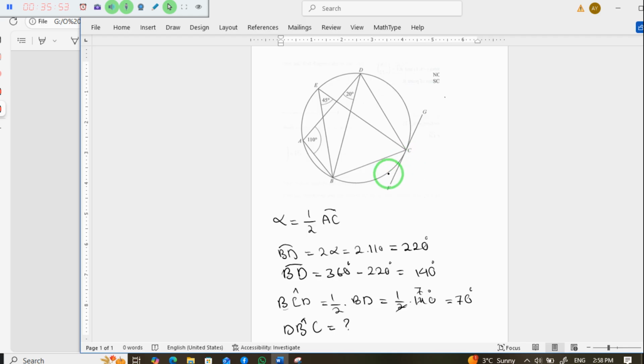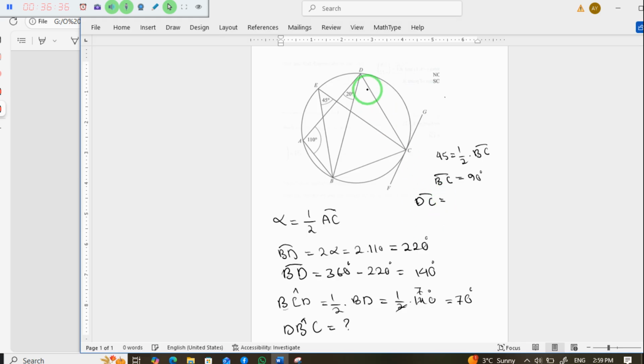As you know, the arc BC is 2 times 45, because 45 is 1 over 2 of its opposite arc BC. So BC is equal to 2 times 45, which is 90 degrees. It means this arc is 90 degrees. Then we find DBC. We should first calculate the arc DC.